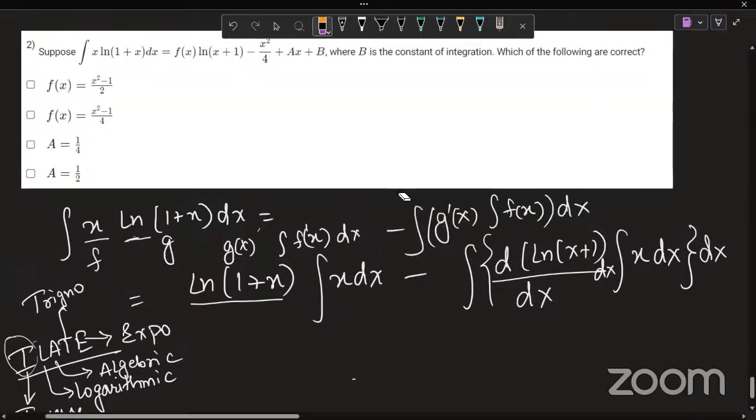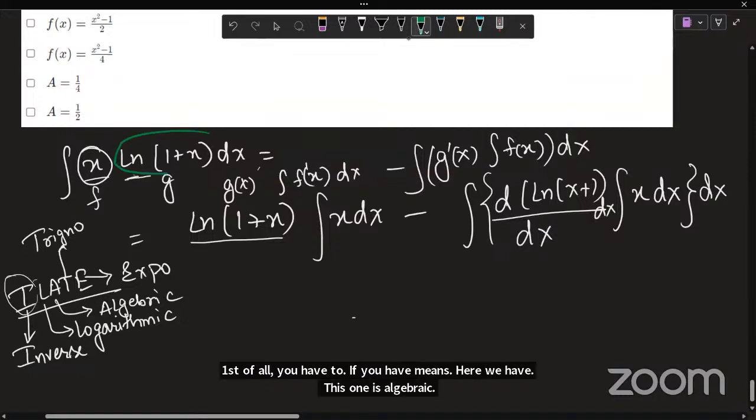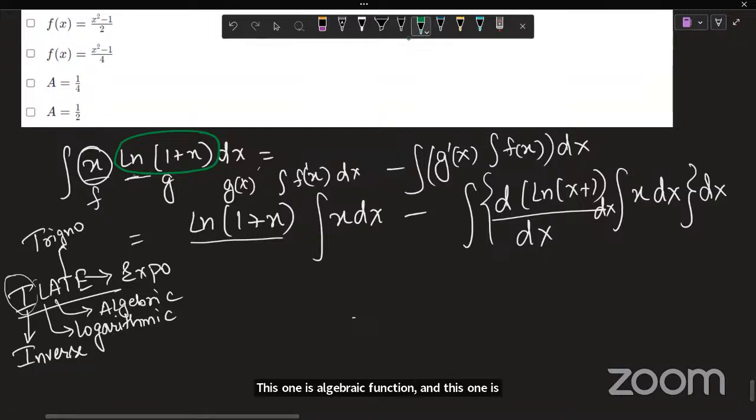Here we have one algebraic function and one logarithmic function. First of all, check which one is on the left-hand side. If there is an inverse function, you have to take it outside and integrate the other function.